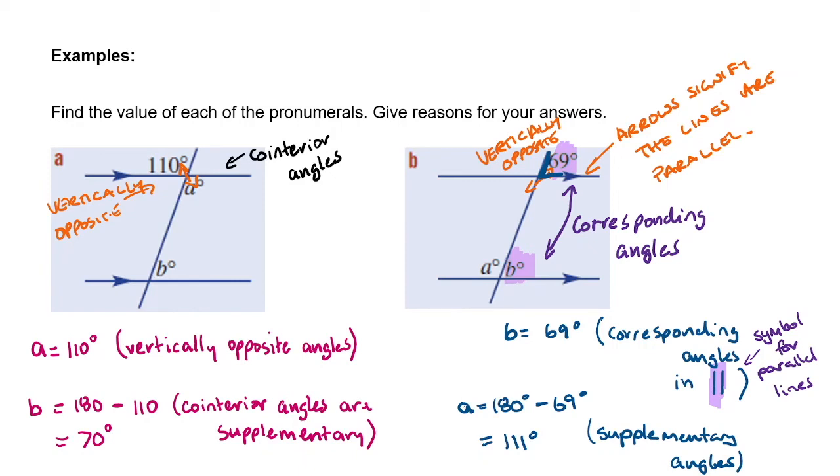Again, you can add in that supplementary angles need to be 180, or you can use angles on a straight line. However you want to explain it, just explain it using something that makes sense, like supplementary angles. Let's have a look at our next set of questions.